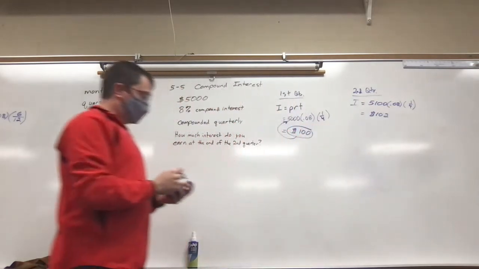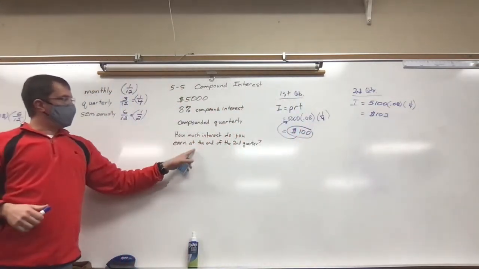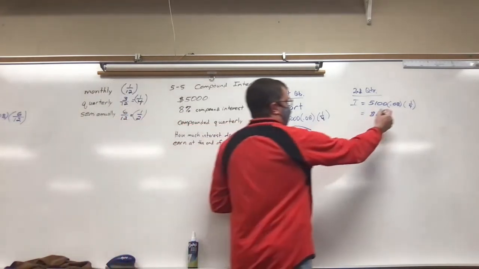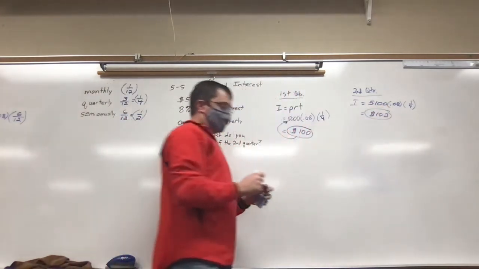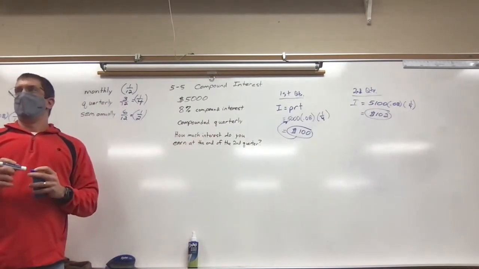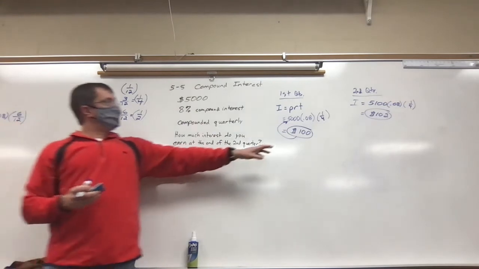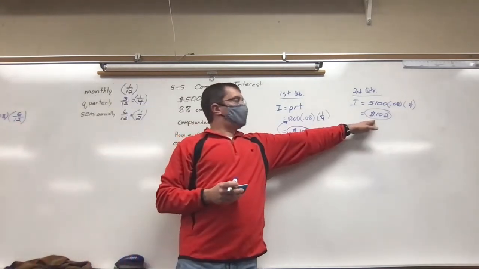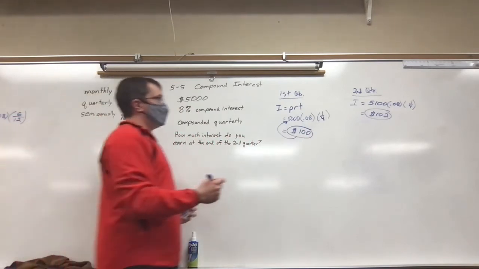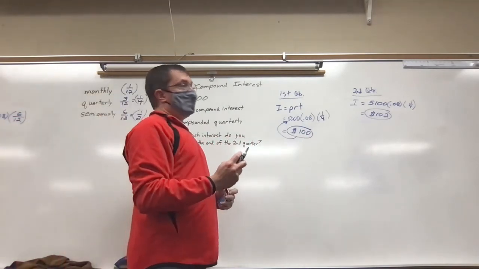All right, now the question they want to know is how much interest did you earn at the end of the second quarter? Well, the first quarter you earned $100. The second quarter you earned 102. So how much total did you make?